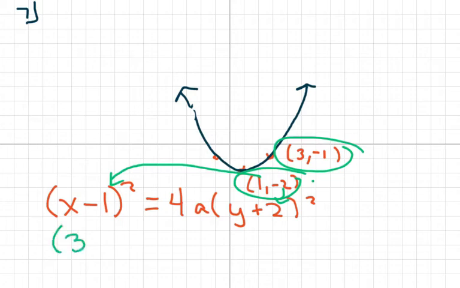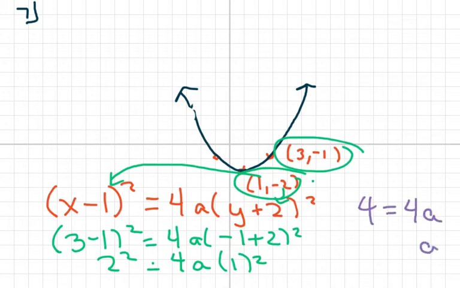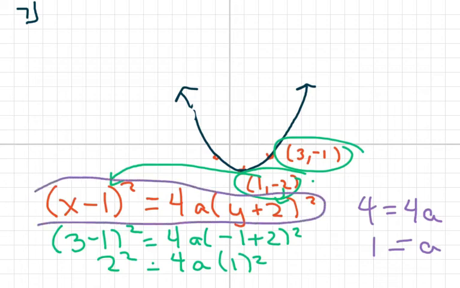So I have 3 minus 1 squared equals 4a times -1 plus 2. And you're going to get 2 squared equals 4a times 1, which gives you 4 equals 4a. So a is 1.